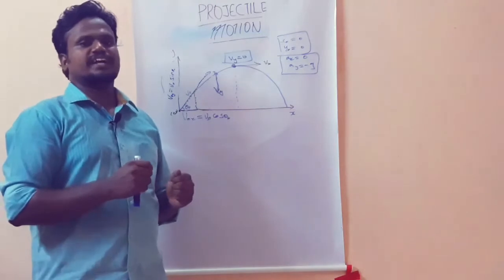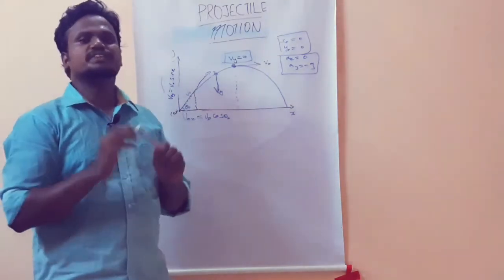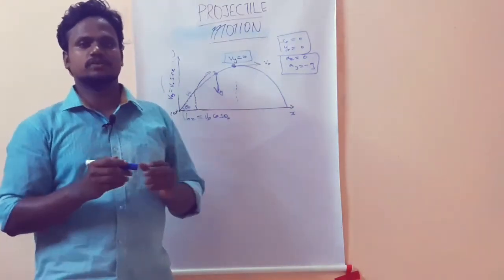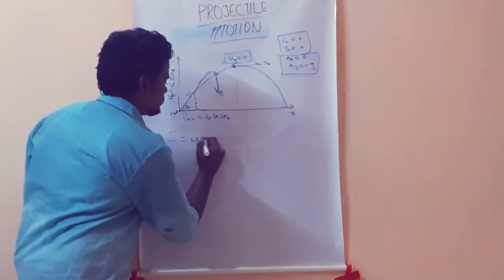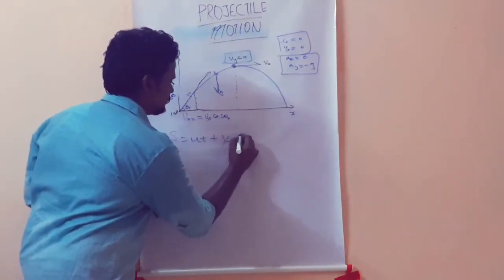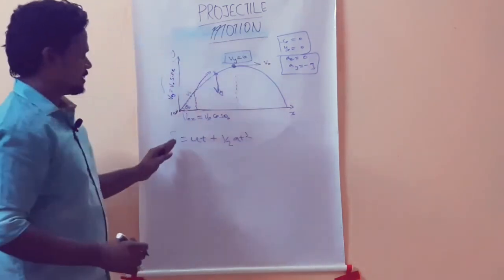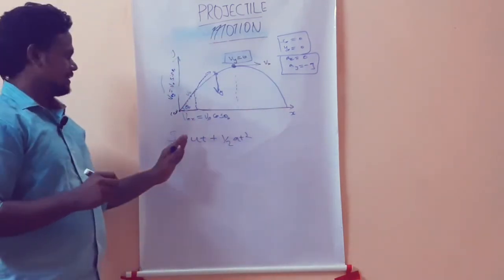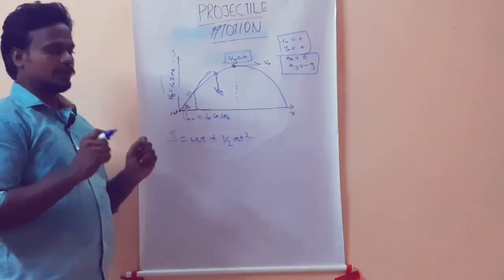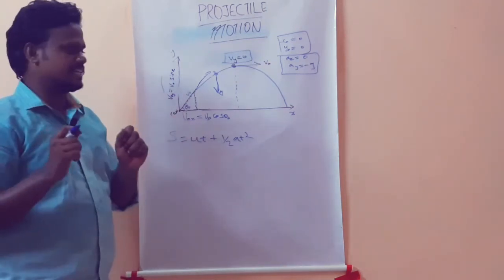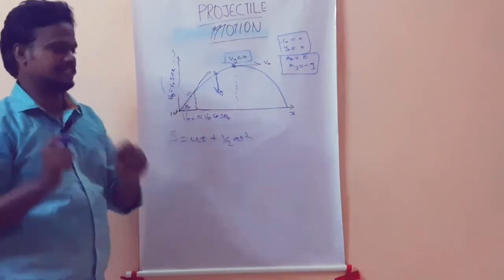Now, we are going to find the path of the projectile with a kinematic relation s equal to ut plus half at square. In this equation, we are going to replace the s by y and then the initial velocity u by the initial velocity along the y axis, that is nothing but v naught sin theta naught, and then we are going to find what is t.